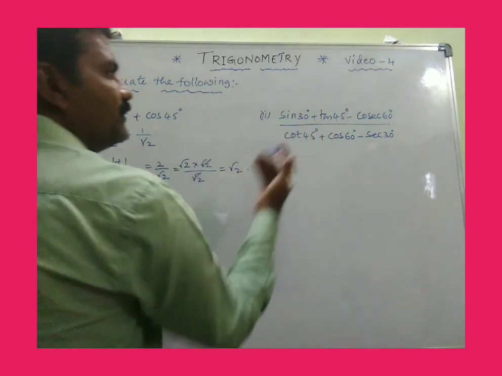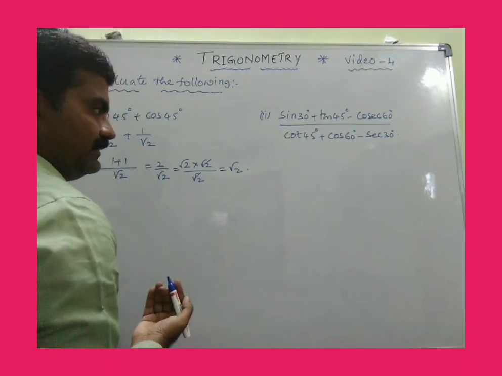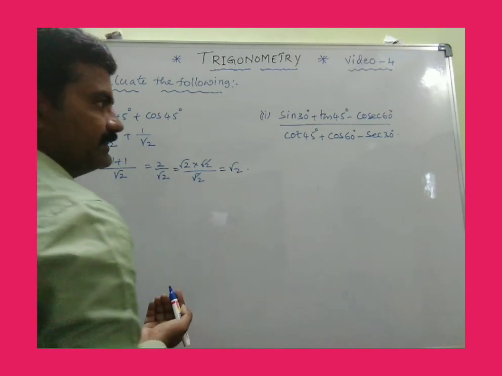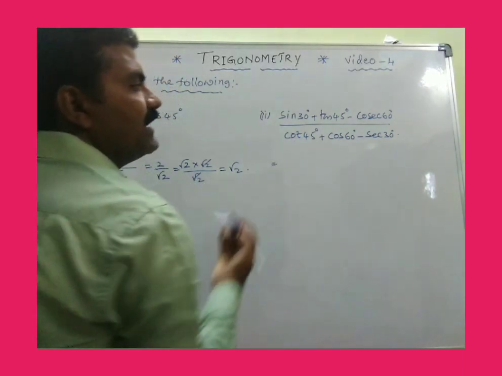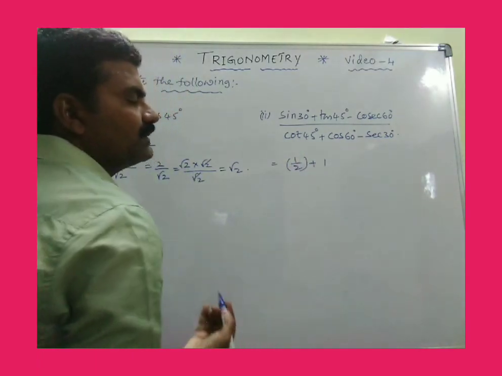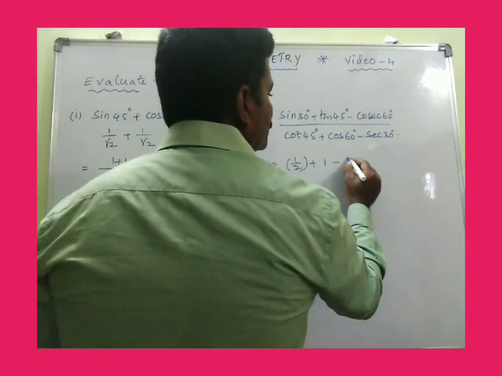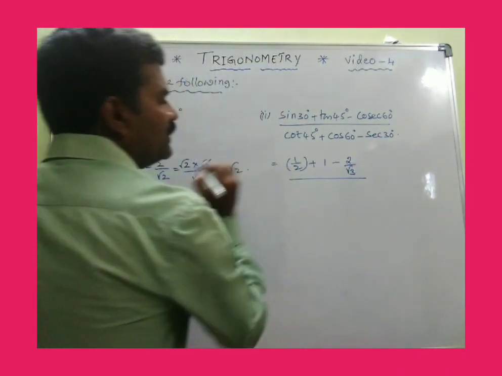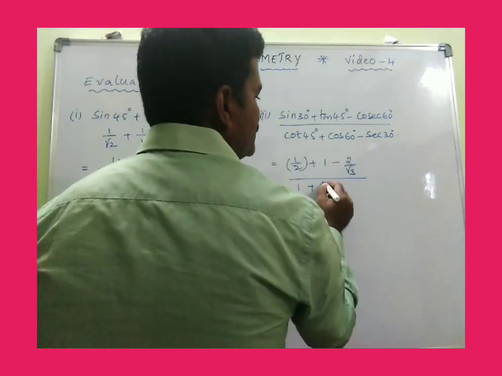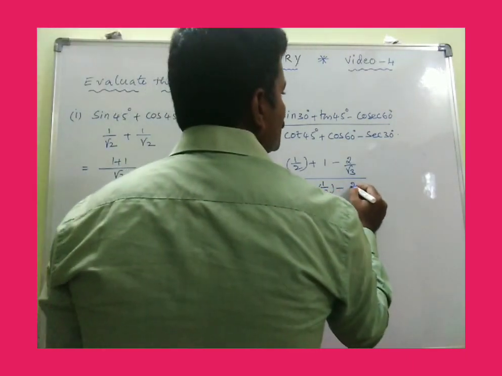And coming to the second problem: sin 30 plus tan 45 minus cosecant 60 degrees, divided by cot 45 degrees plus cos 60 degrees minus secant 30 degrees. Can you guess the values? Sin 30 is 1 by 2, tan 45 is 1, cosecant 60 is 2 by root 3, whole divided by cot 45 which is also 1, plus cos 60 is 1 by 2, minus secant 30 which is 2 by root 3.